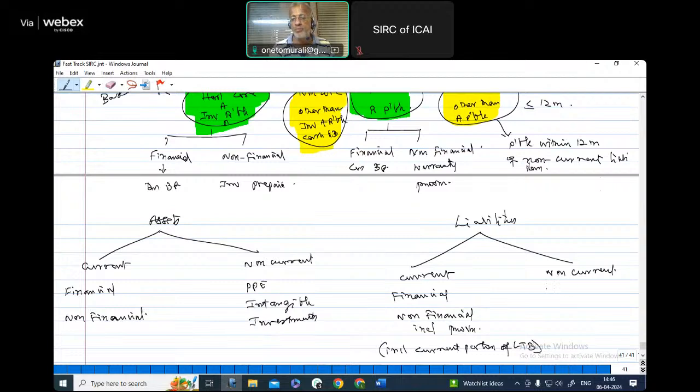Here it is bonds, deferred taxation, deferred tax liability, etc. These items will come there.